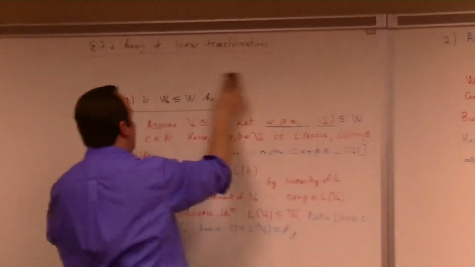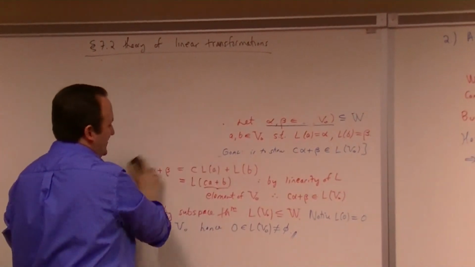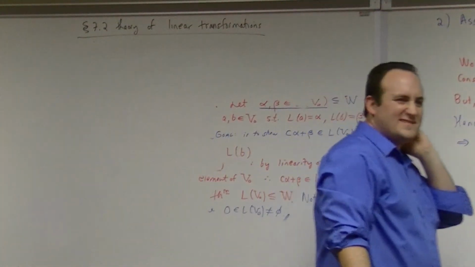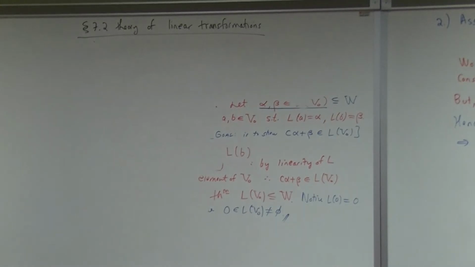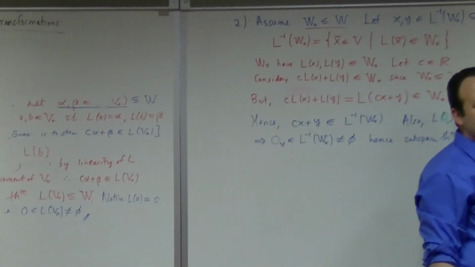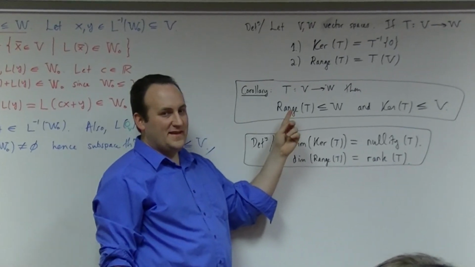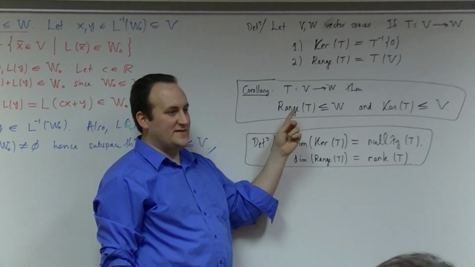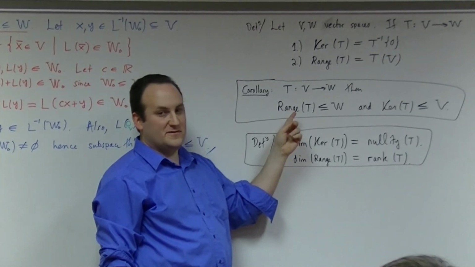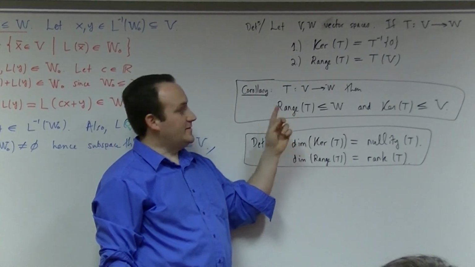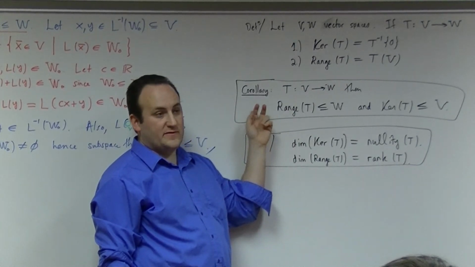And by the way, this gives you yet another tool to show something's a subspace, right? If you can write down a function which is clearly a linear transformation, and if that linear transformation takes the thing you're looking at as its kernel, or the thing you're looking at as its range, then by this corollary right here, that proves it's a subspace.